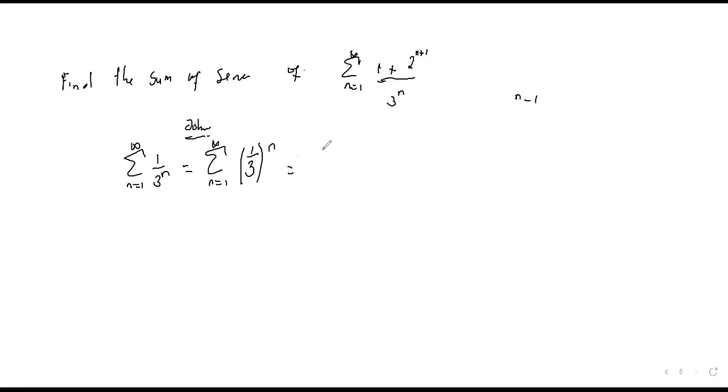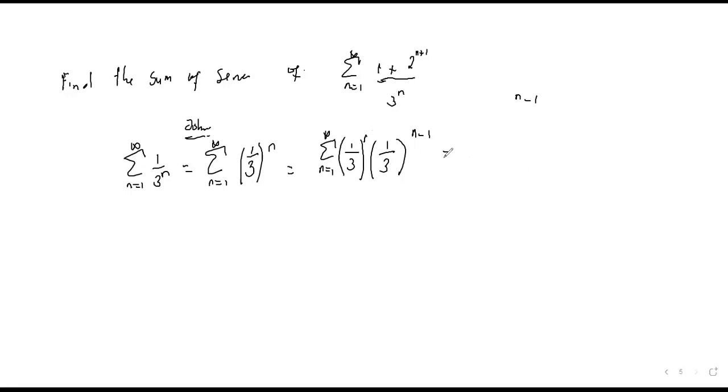But we want it to be n minus 1. So we work out the 1/3, and the remaining one now is n minus 1, because same basis, if I add the powers, I'll get back to my n.